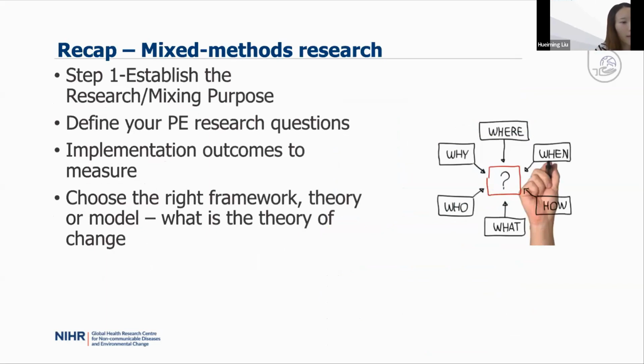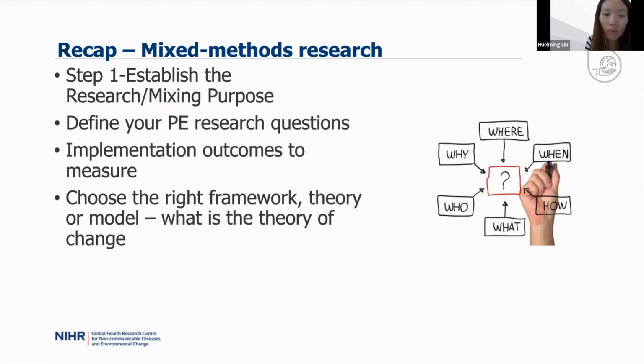So just a recap, in probably 5 minutes, of the previous sessions of mixed methods research for process evaluation, because we're going to develop your own protocol for the process evaluation. So the first step would be to establish the research question and also to understand and define what kind of approach you are going to use to answer your research question.